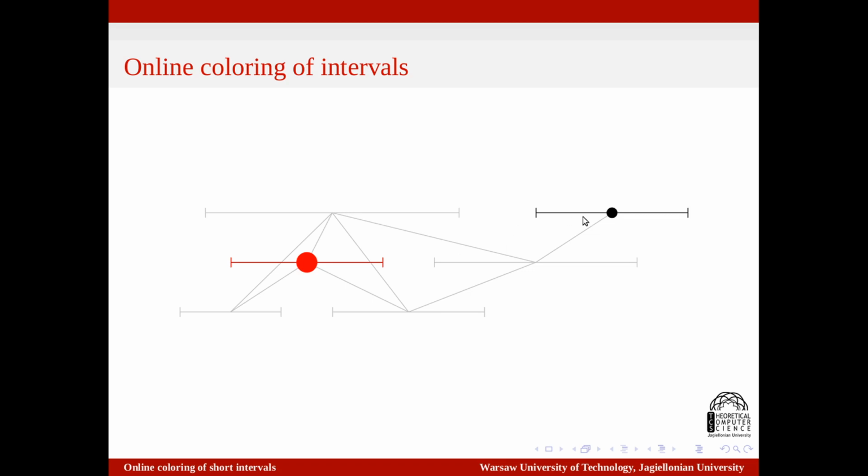In the second round, we get information about this interval here, and well, a first-fit algorithm would color it red, and there's really no point in coloring it differently because what we see now are just two intervals that do not intersect, so it's a good idea to color them with the same color.